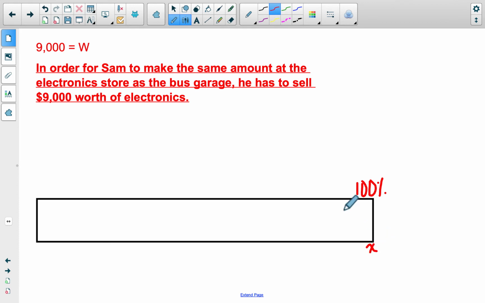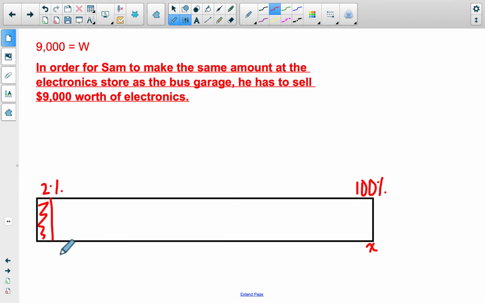We don't know how much he needs to sell. What we do know is all the way down here, he gets 2%. So this is the amount of money he takes home out of the entire price of his sales. And we know that amount needs to be 180 in order to match the garage.